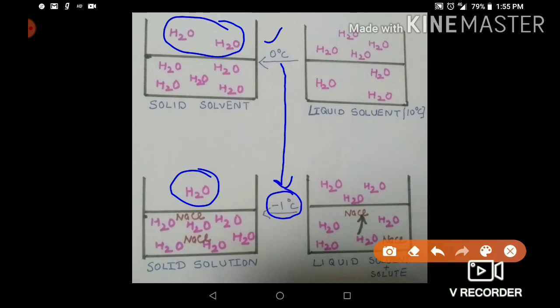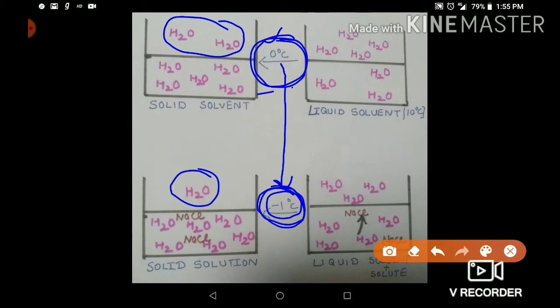Therefore, the original liquid solvent, that is water's freezing point, was 0 degrees Celsius. But when we have added salt, the freezing point decreases to -1 degree Celsius. So this was my hypothetical assumption. Let me assume this temperature, 0 degrees Celsius, can be any temperature.